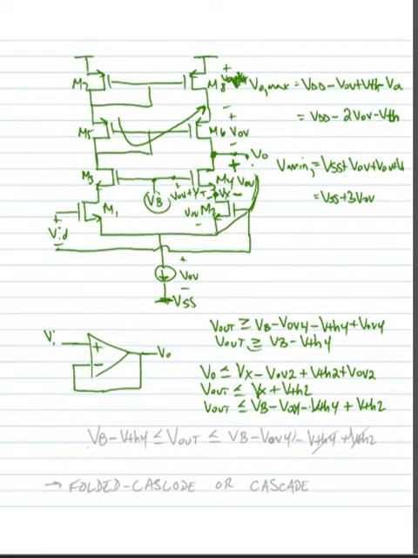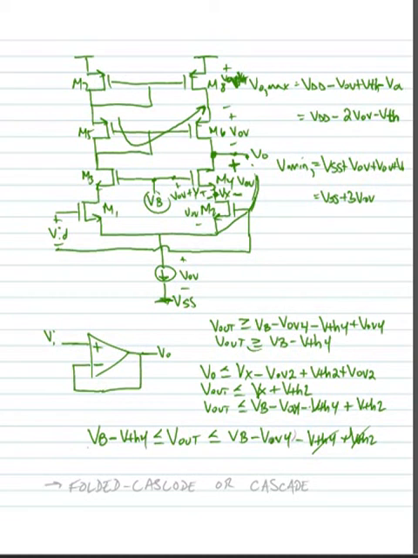Now we might assume that VTHs are equal and that those would cancel each other out. But the bottom line is that what we have here is a condition where V out needs to be less than this voltage, VB minus a VOV4 minus a VTH4 plus a VTH2. These might cancel, they might not. And it has to be greater than VB minus a VTH4.